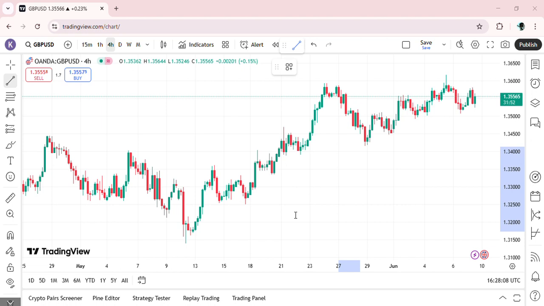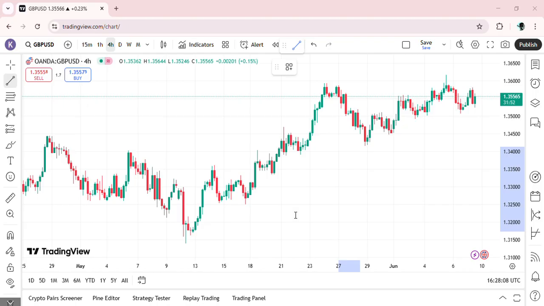Sideways or range or what we call now consolidation is characterized by equal highs and equal lows within a horizontal zone. That means neither buyers nor sellers have clear control. They kind of have equal power, right?